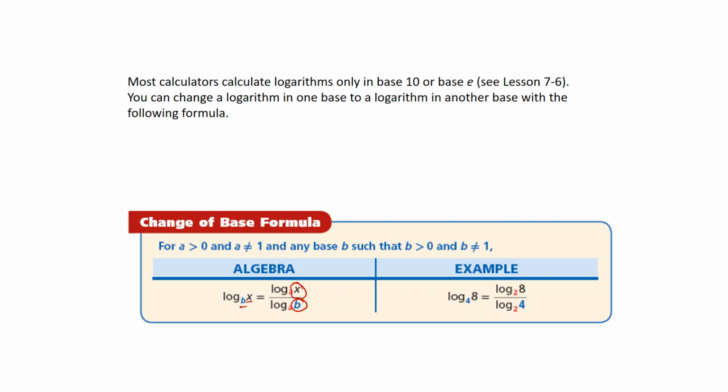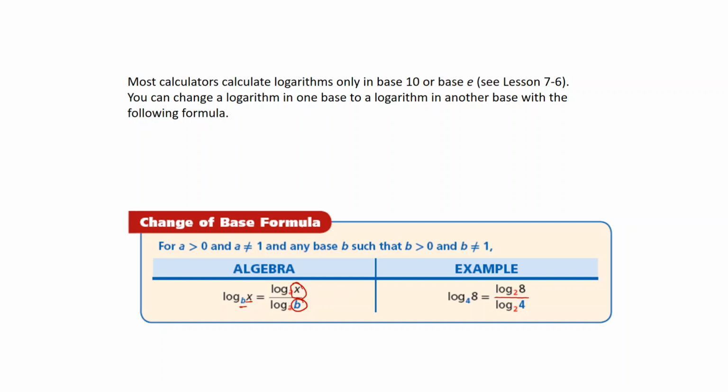So let's look at some real numbers. If I have log base 4 of 8 and I want to change this to log base 2, I'm going to say log base 2 of 8 divided by log base 2 of 4. And that way I can change my base.